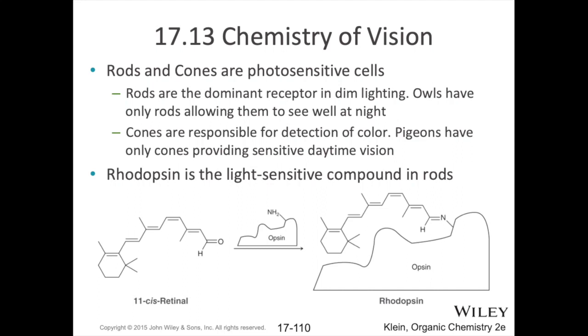Going back to a little bit of biology, you may be familiar that the cells that you find on your retina are broken up into rods and cones, right? If you remember, rods are really good at light sensing.